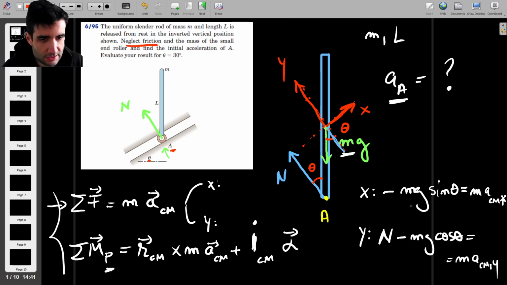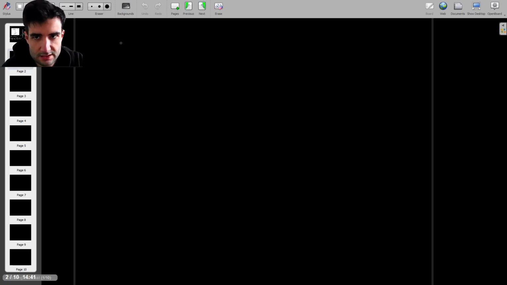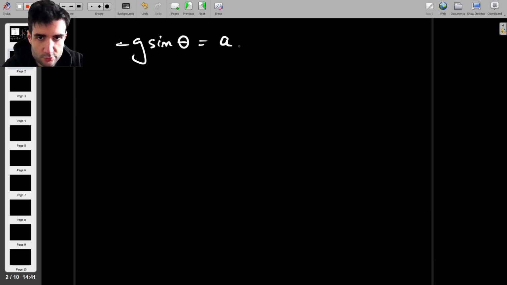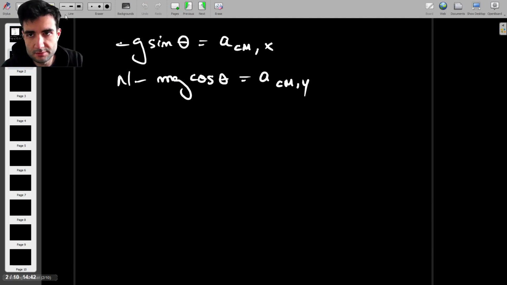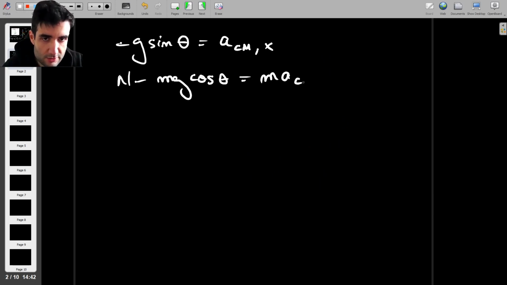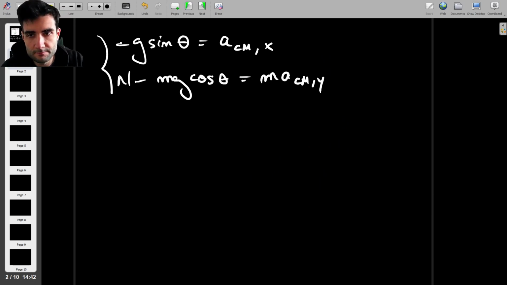So let me write them again on the next page, but I'm going to simplify this a bit. So I'm going to say that minus g sine theta is equal to the acceleration of the center of mass in x, and n minus mg cos theta is going to be equal to the acceleration of center of mass in y, times m, of course. So it should be m times the acceleration of the center of mass in y.